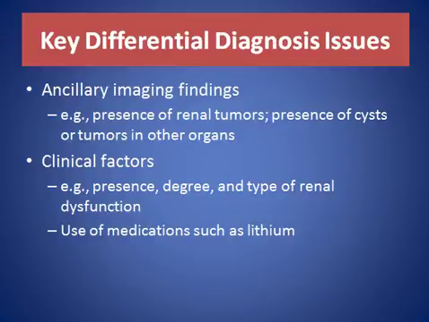Ancillary imaging findings, for example, presence of renal tumor, presence of cyst or tumor in other organs. Clinical factors, for example, presence, degree and type of renal dysfunction, and use of medication such as lithium.